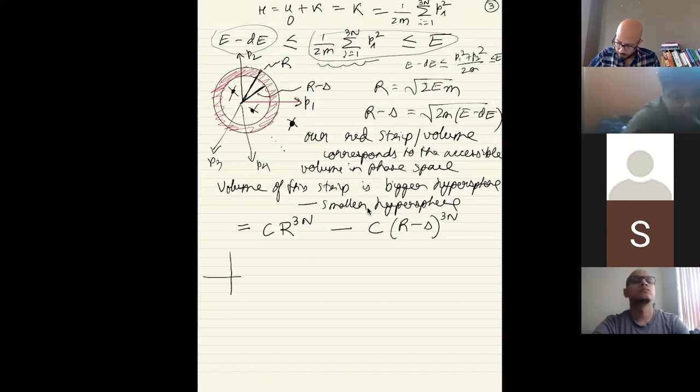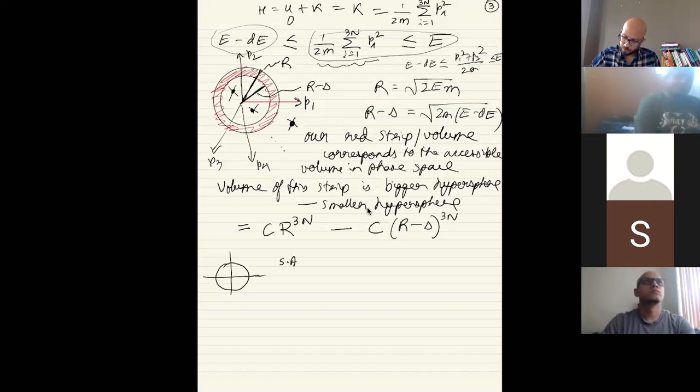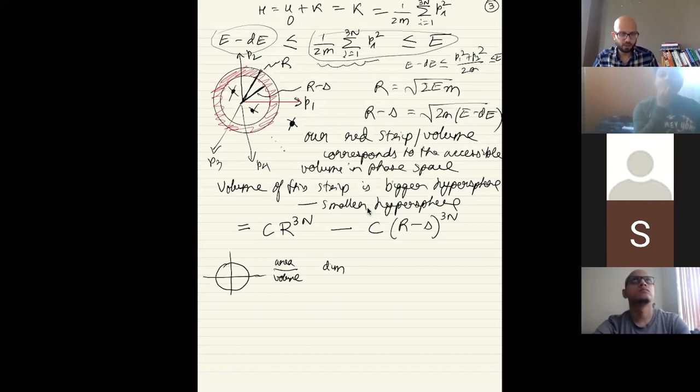Let's say in 2D, you have a circle, right? So the surface area, let's call it the area, not surface area because it becomes confusing. So area by volume in dimension, we have to calculate it in different dimensions, okay? So we will do it in 2 dimensions, we will do it in 3 dimensions. First, let's write down the area.